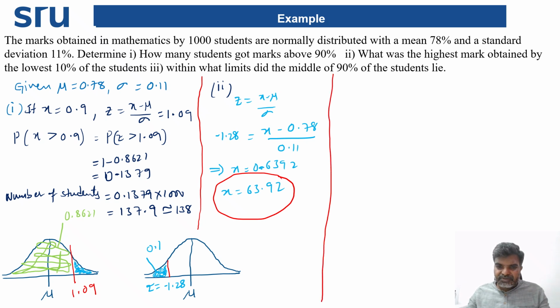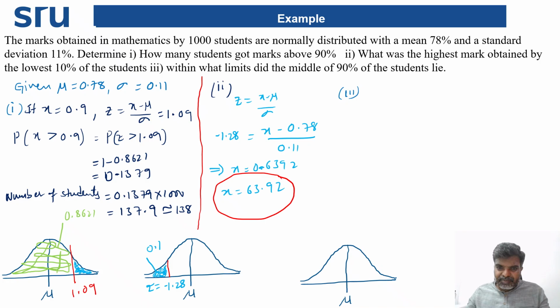Okay, now we take the third one. What is the third one here? Within what limits did the middle 90% of the students lie?